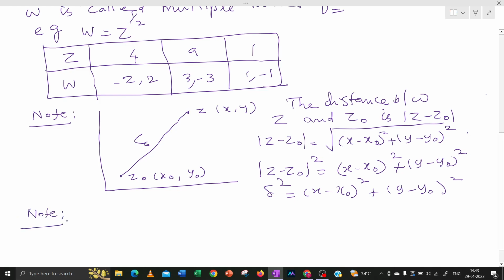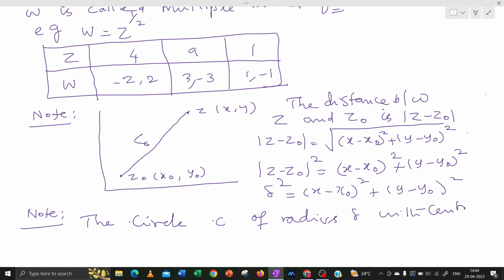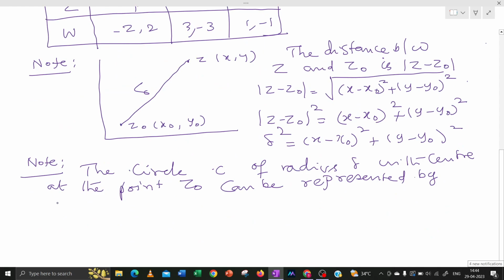Next important note, the circle C of radius delta with the center at the point z naught can be represented by mod z minus z naught equal to delta.